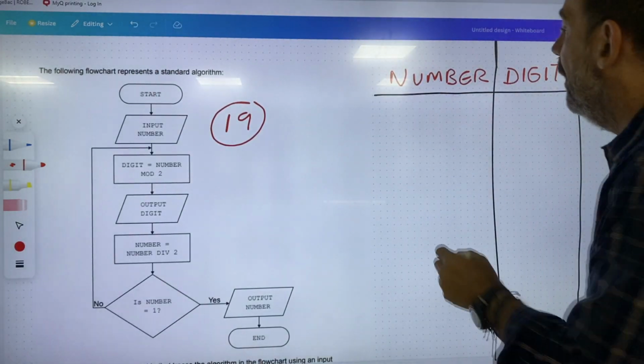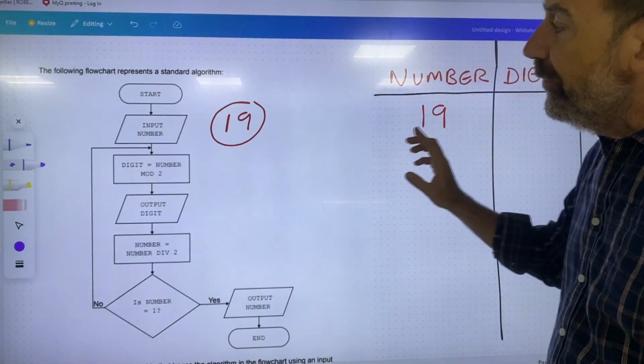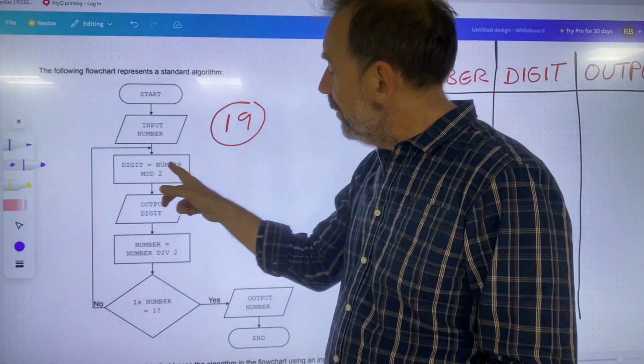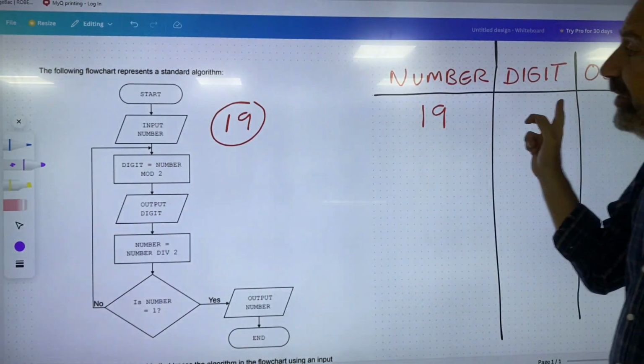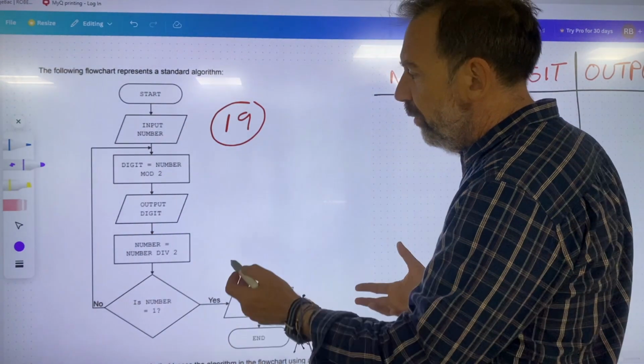Okay, so I'm going to put the number 19 in here. I've input the number 19, and then move on to this: digit equals number mod 2. But what does that mean?